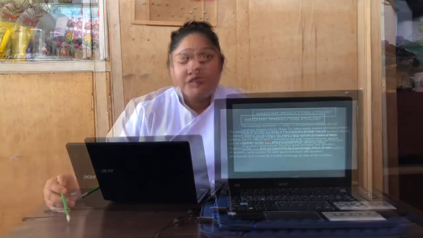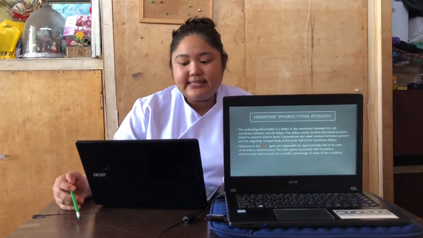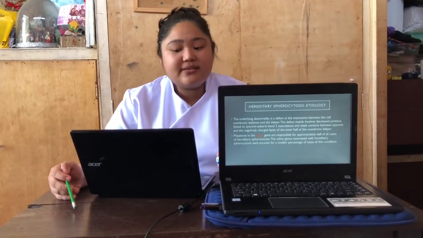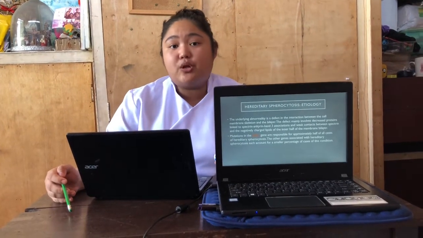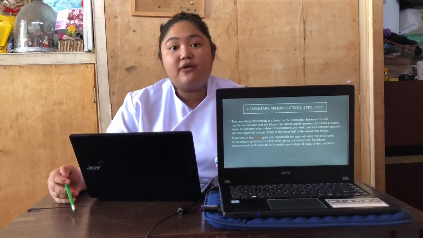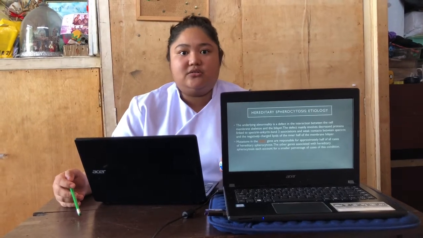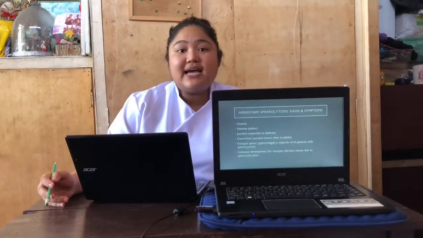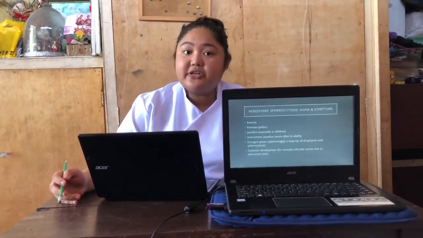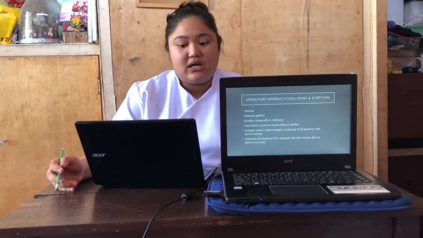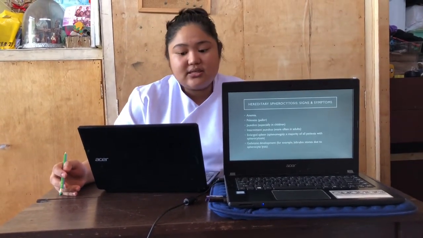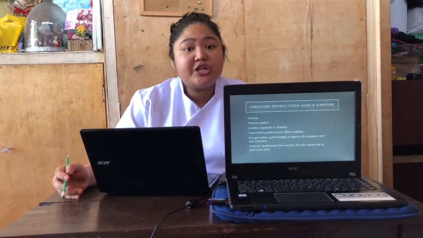The shortage of RBCs in the circulation and the abundance of cells in the spleen are responsible for the signs and symptoms of this condition. For the signs and symptoms of hereditary spherocytosis, we have anemia, paleness, jaundice, intermittent jaundice, enlarged spleen, and gallstone development.